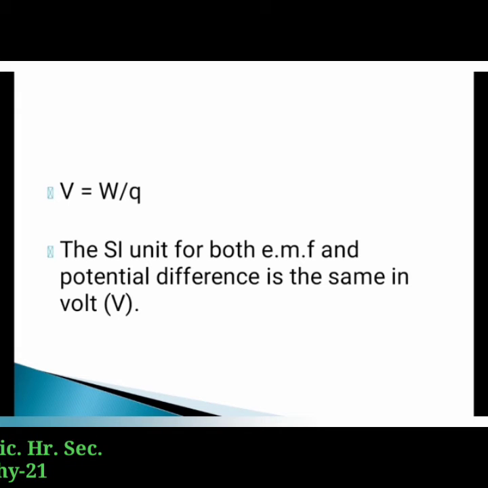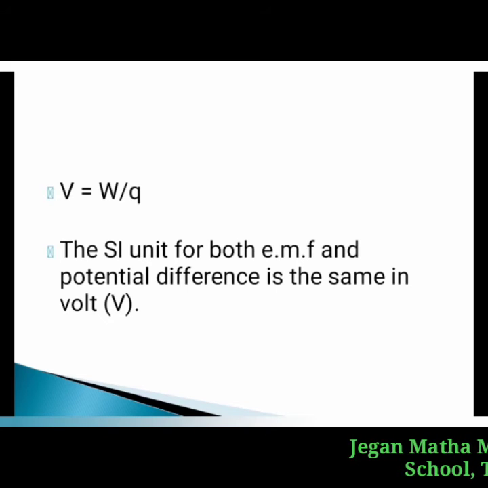The potential difference is represented by the symbol V. V is equal to W by Q, where W is the work done, that is the amount of electrical energy converted into other forms of energy. In a fan it is converted into mechanical energy, in a bulb it is converted into light energy. So that is measured in joules.